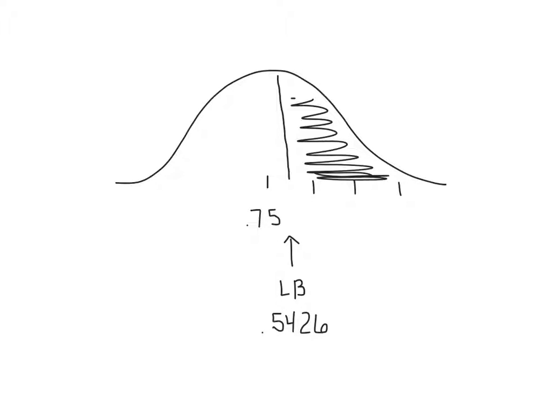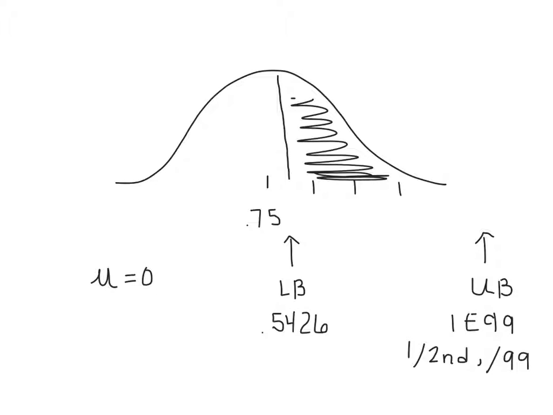Our upper boundary is going to be all the way to positive infinity, and I typically have my students use the largest number that our calculator can deal with, which is 1 times 10 to the 99th power. That's found by just taking 1, then your second comma, and then 99. And whenever you're entering your normal CDF command using z-scores, your mean is 0 and your standard deviation is 1.